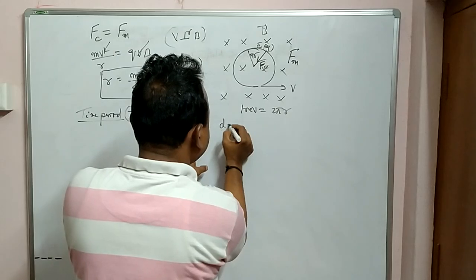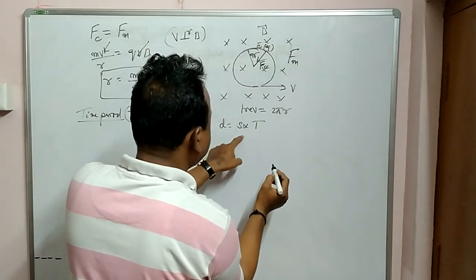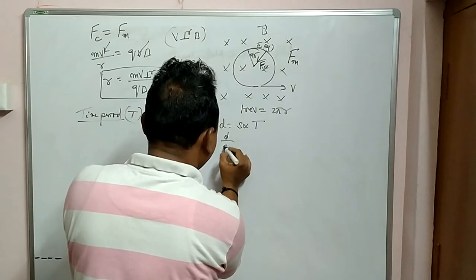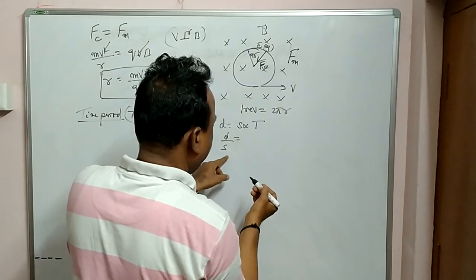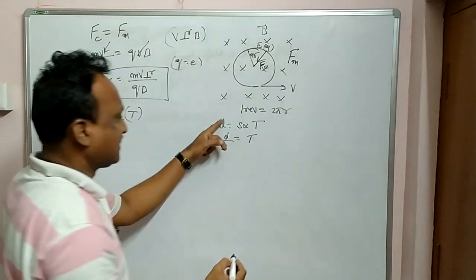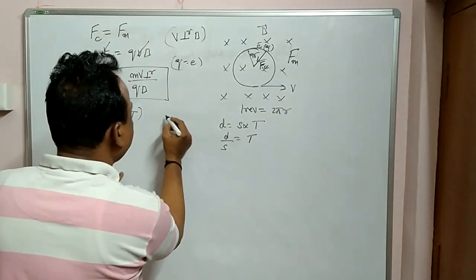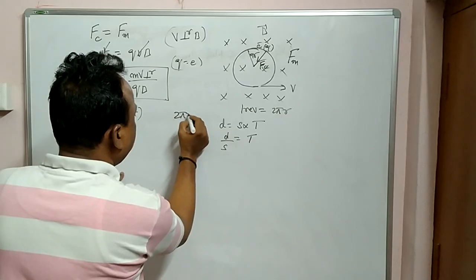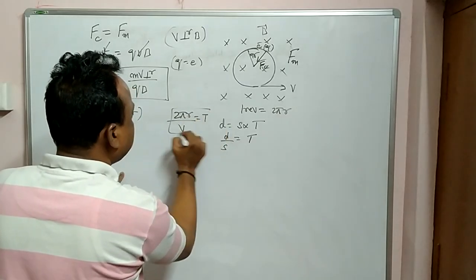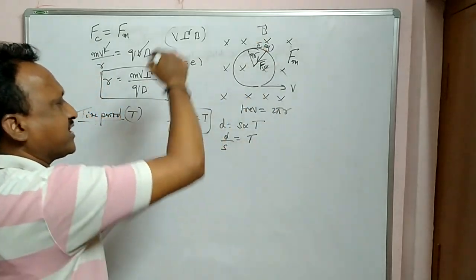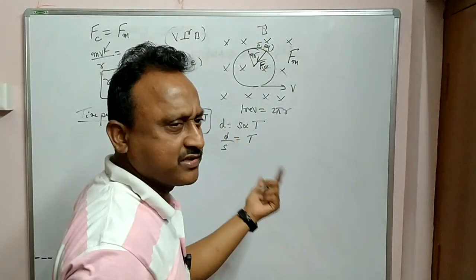Distance is equal to speed into time, so time is distance by speed, or displacement by velocity. So here the distance is 2 pi r, and 2 pi r by V is nothing but the time, the distance for one revolution divided by the speed.